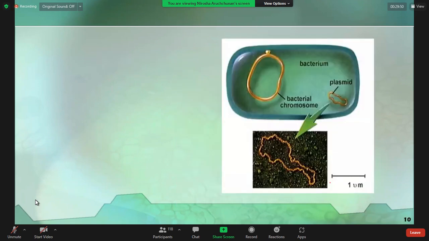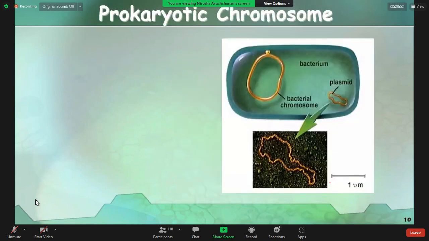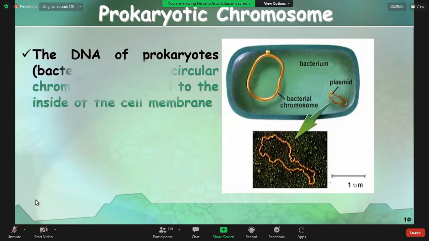So, chromosomes. Prokaryotic chromosomes: here you can discuss the prokaryotic chromosomes. The DNA of prokaryotes, for example bacteria, is one circular chromosome attached to the inside of the cell membrane, right?